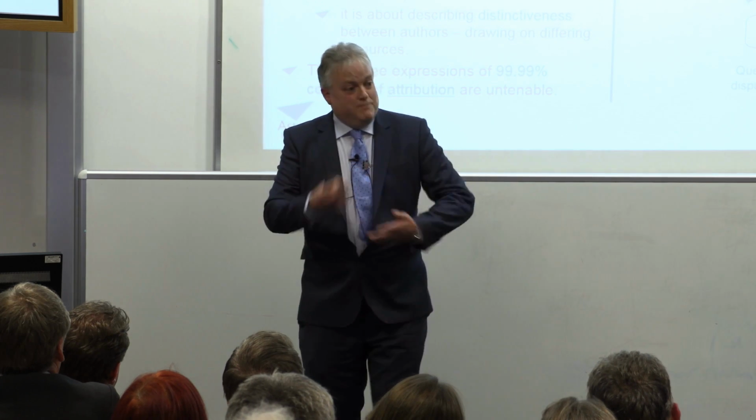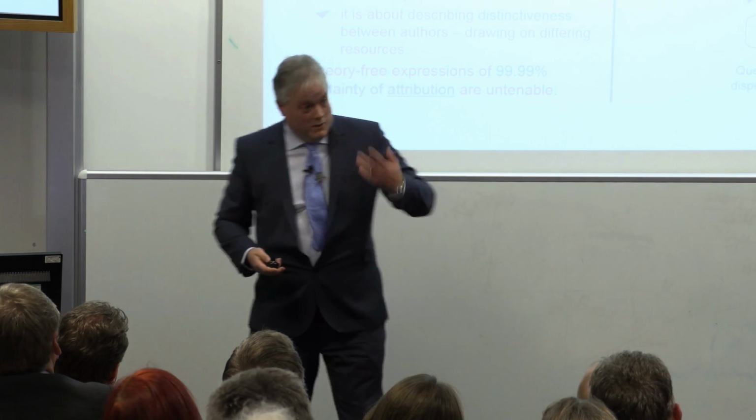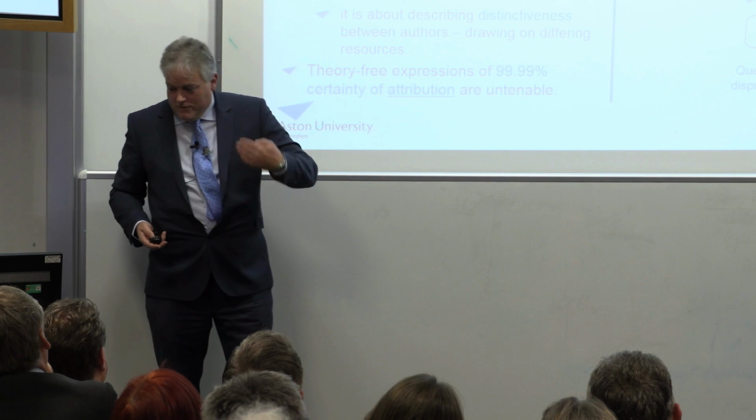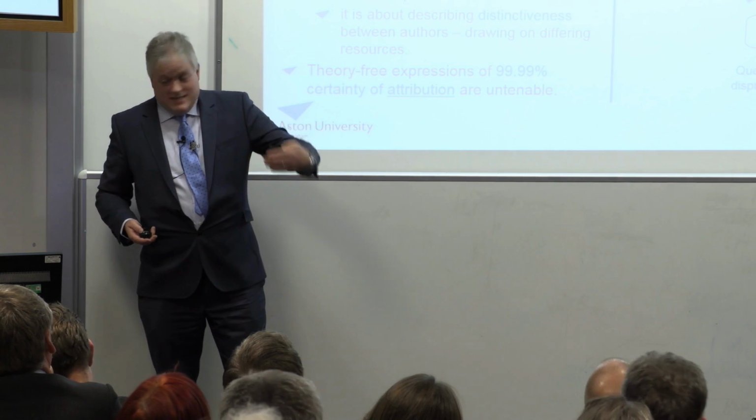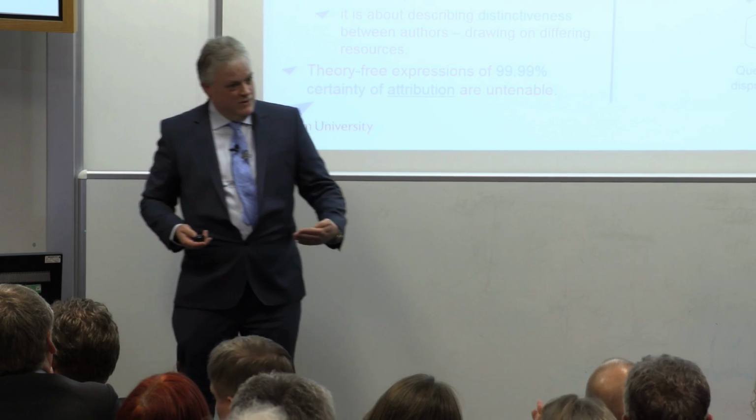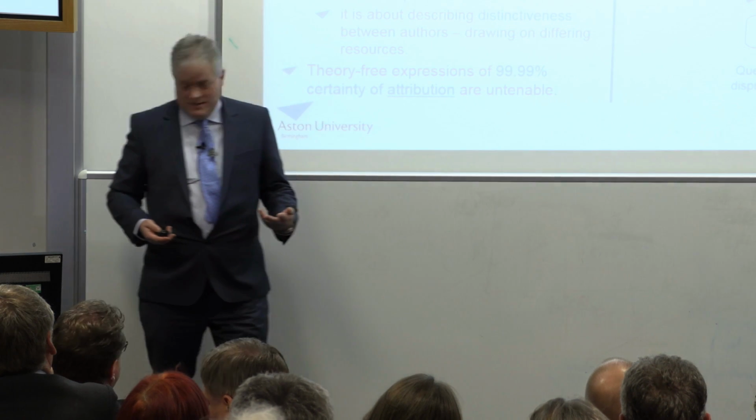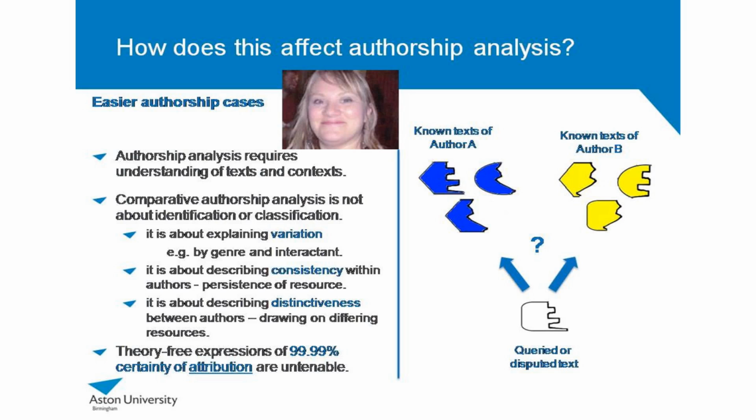You've got to explain the sources of variation, and you've got to understand them. And then you've got to explain the consistency that you observe and why that might be the case, and the distinctiveness and why different authors will draw on different areas of resource and draw on resources differently to create distinctiveness.